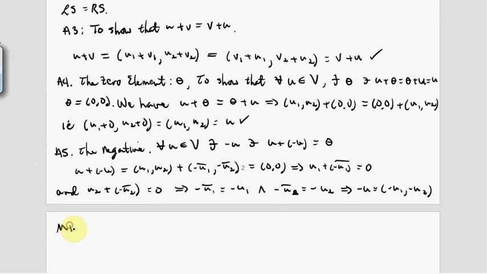M1, this is the closure for scalar multiplication.